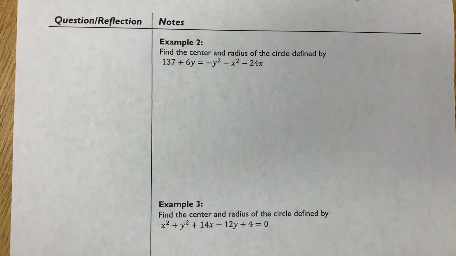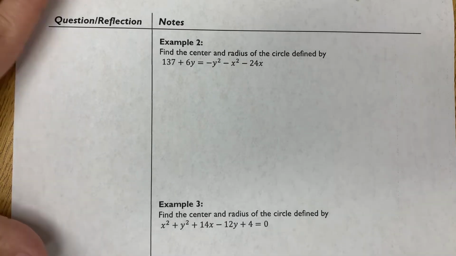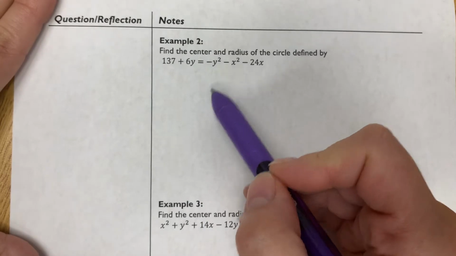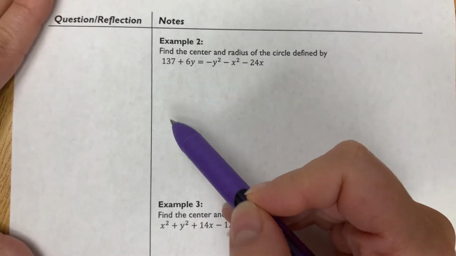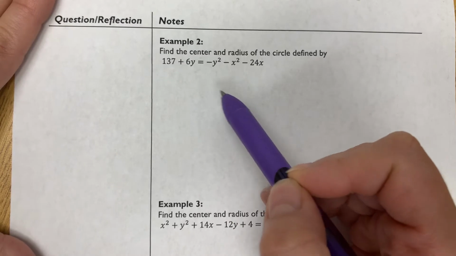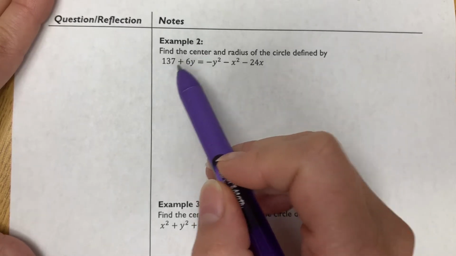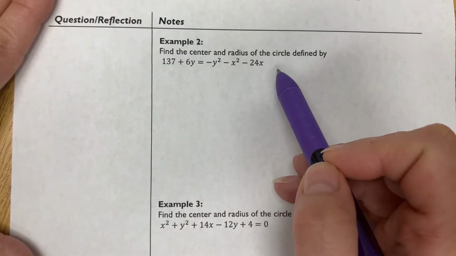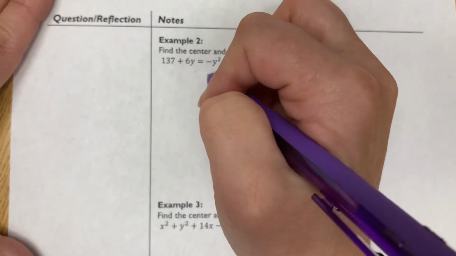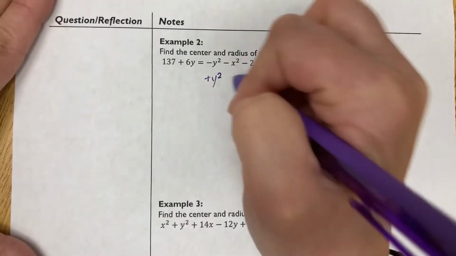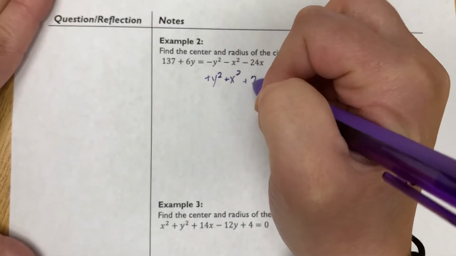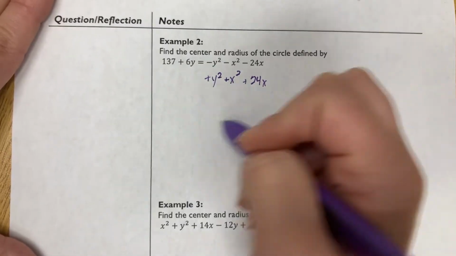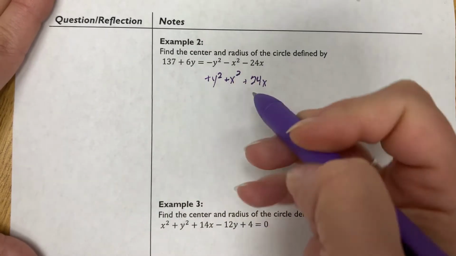For number 2, same idea. We just need to rearrange this first. So for me, I'm going to do all the moving that I need to get my x's together and the y's together, but we want the constant over on the far right hand side. So I'm going to add y squared, add x squared, and add the 24x, because I want to move all of those over to the left.